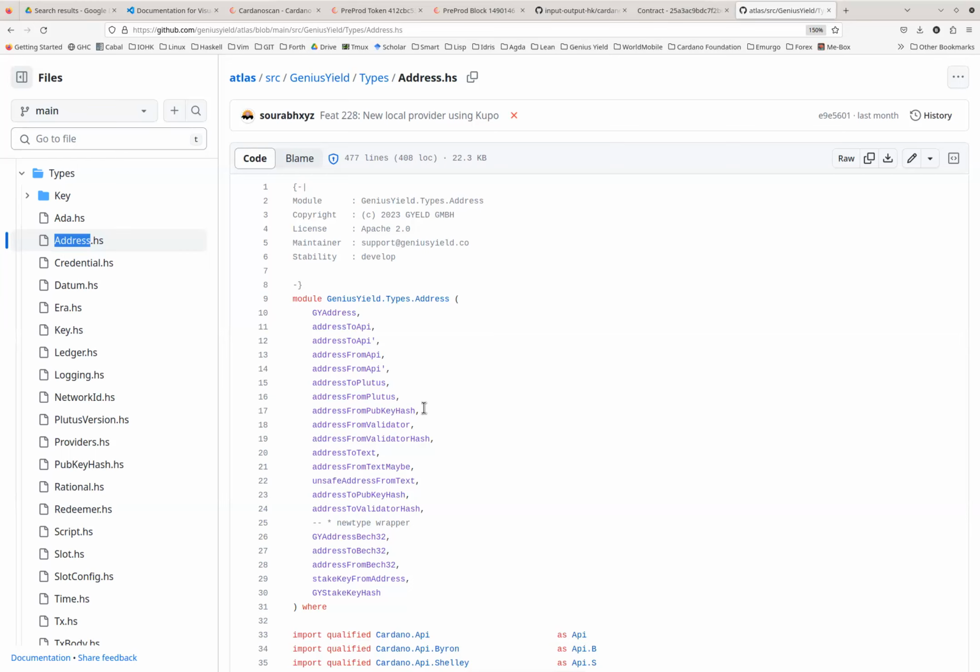Right, but I think Cardano wallet is also a Haskell library, so you can also do that programmatically. Yeah, if you use Haskell, yes. Cardano wallet, Cardano address as well, we have APIs for that.